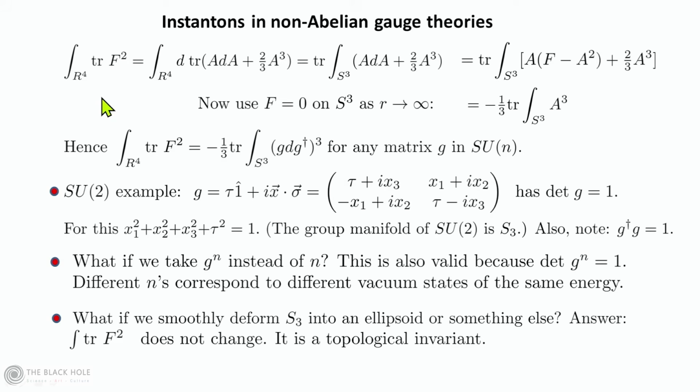Answer is no. What if you distort it in some terrible way, but the manifold doesn't cross itself, you're not creating holes, and you're not creating corners? The action doesn't change. So this is what is called a topological invariant.